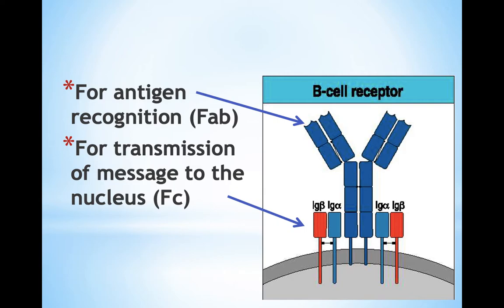We have the fragment antigen binding region, which is where the antigen recognition site is found, and then we have the fragment crystallizable region, where we expect it will have different components based on the antibody type, and it will have a variety of effector functions, effector mechanisms that may be activated.